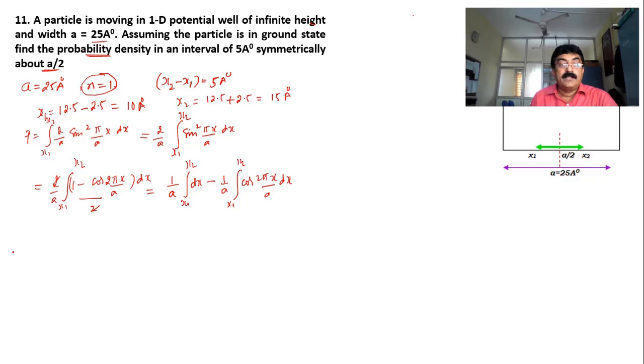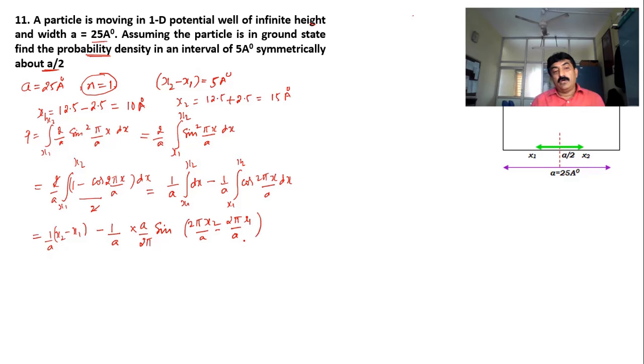Almost over. Now you substitute, simplify. Integration of dx is x, so 1 by a into x2 minus x1 minus 1 by a into a by 2 pi into sine of 2 pi x2 by a minus 2 pi x1 by a. Got it? So this way you have to proceed.